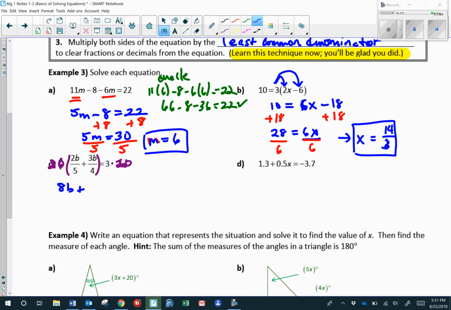And then when we distribute to the second term in that equation, 20 over 4 is 5. 5 times 3b is 15b. On the right side of the equation, 3 times 20 is 60. Now all we have to do is combine some like terms on the left. 8b plus 15b is 23b.